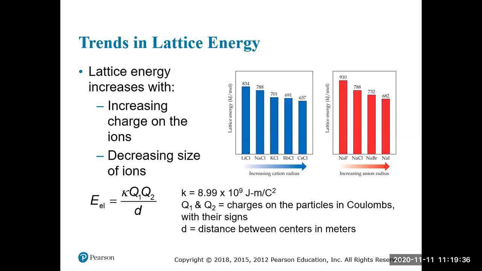The lattice energy also increases as you decrease the size of the ions. So if the ions are smaller, then it takes more energy to break that apart as well. Once again, lattice energy increases with increasing the charge on the ions, and it also increases as you decrease the size of the ions.